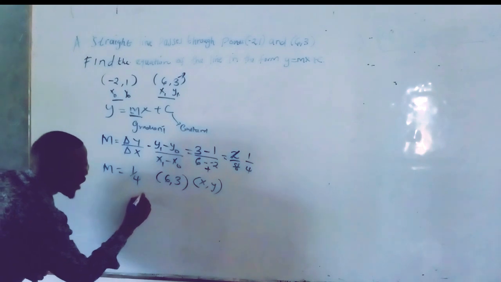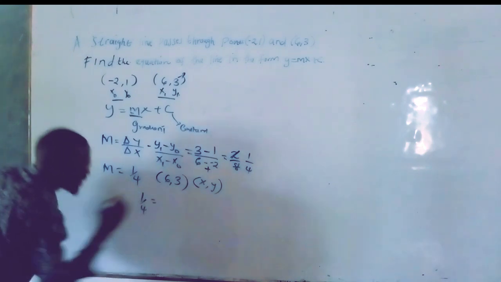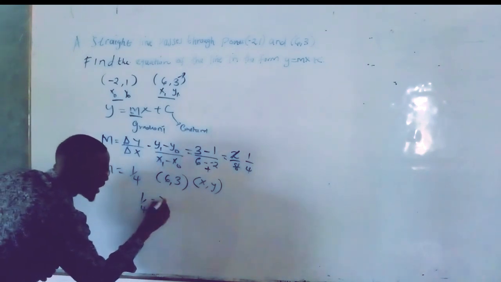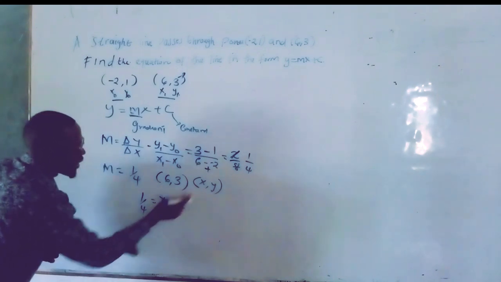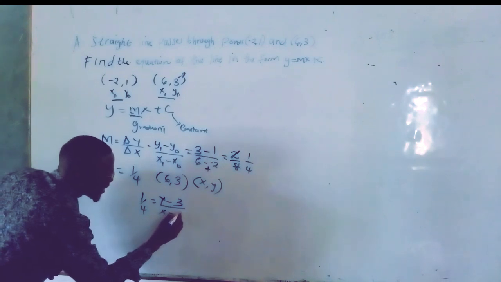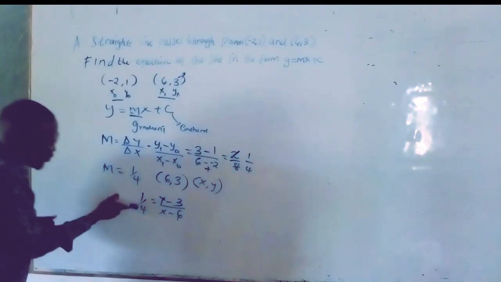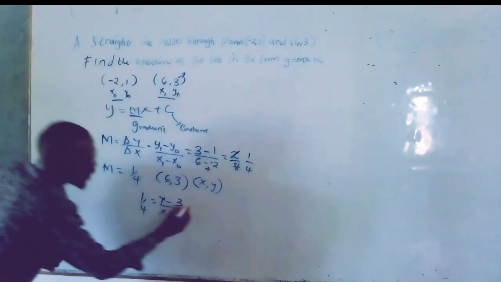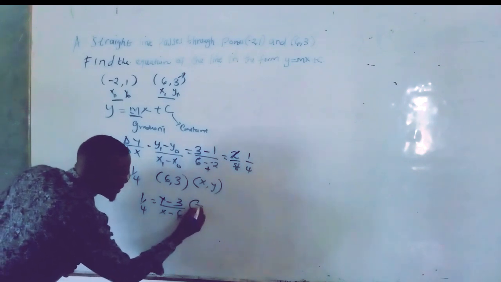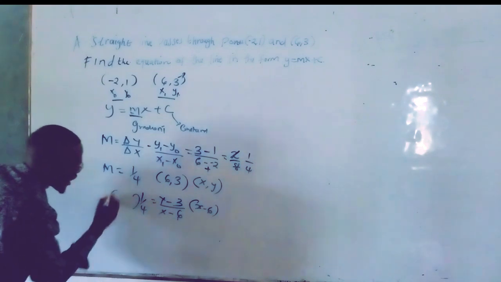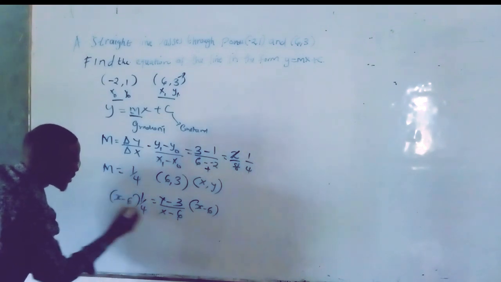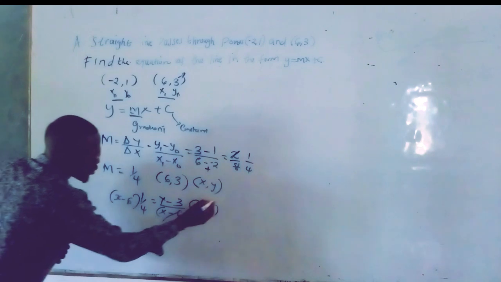So I take 1/4, which is the gradient, equal to the change in y, which is y minus 3, over x minus 6. I multiply both sides by x minus 6 so that it cancels.